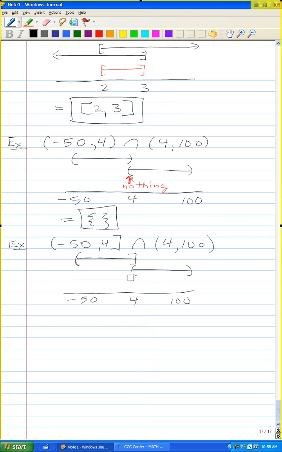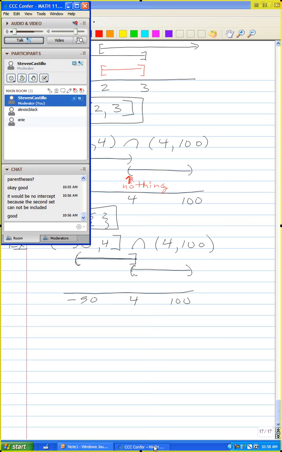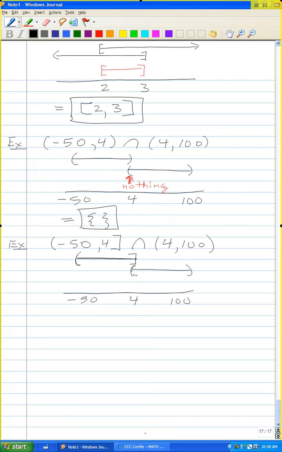Because note that even though the 4 is included in the first one, the 4 is not included in the second. That is correct. And so, because it's not included in both, then the intersection is nothing. No intersection. And so your answer is the empty set yet again.